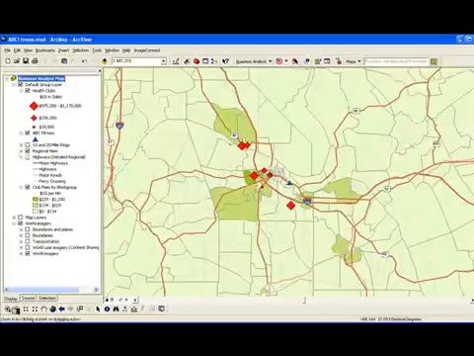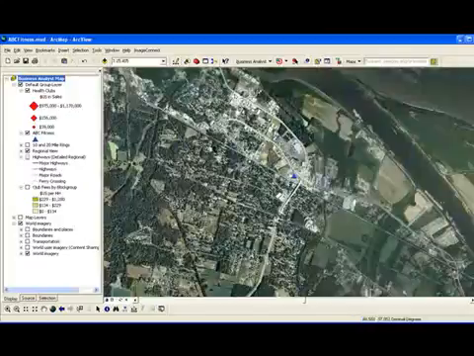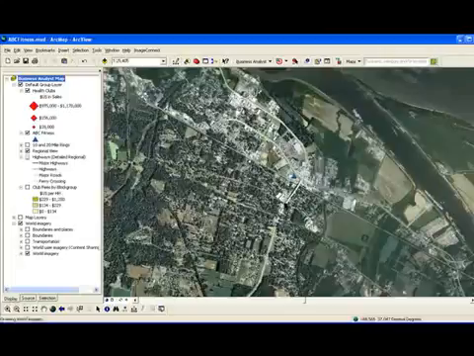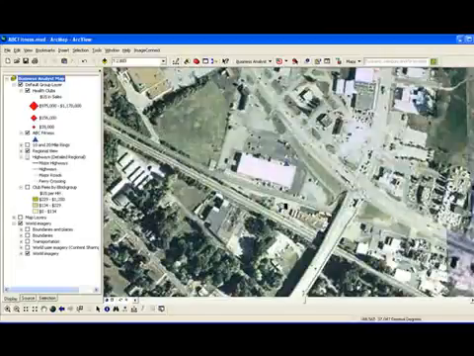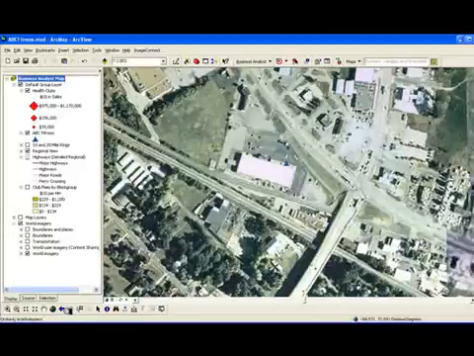Let's zoom in on that a little bit and see the type of location that they're looking at in terms of the retail environment. And notice here that we've selected a site within an existing building at a fairly major intersection within this geographic area.